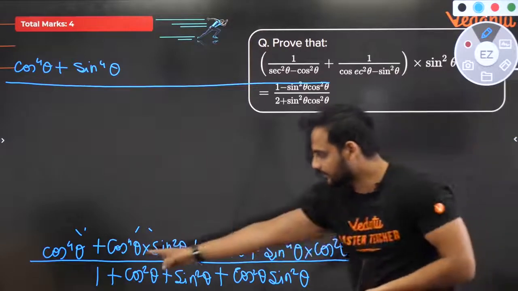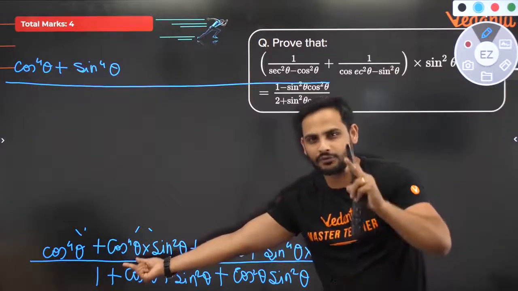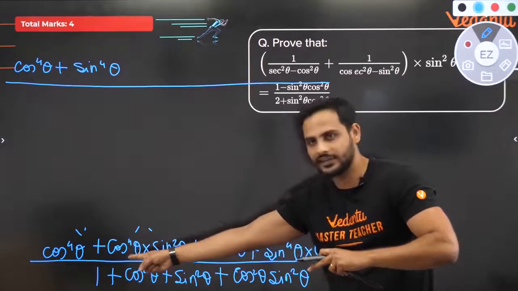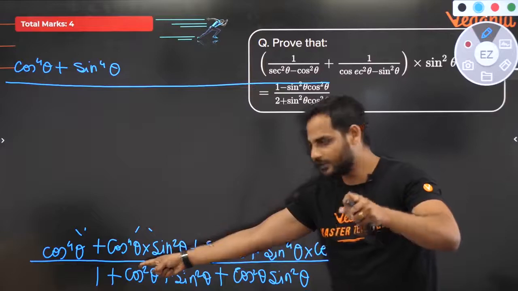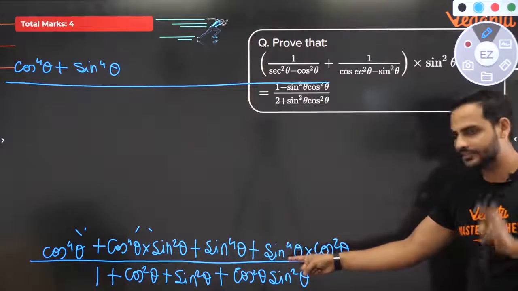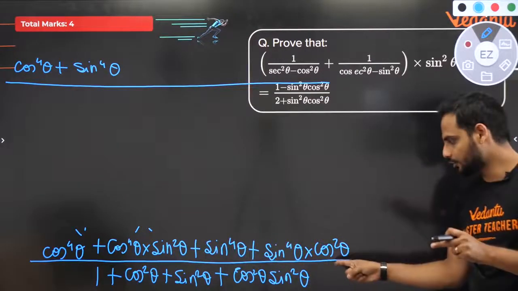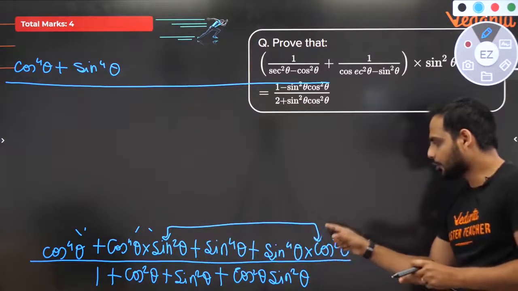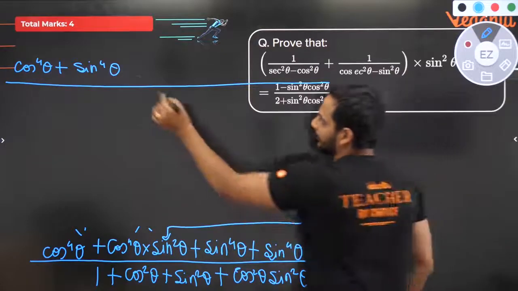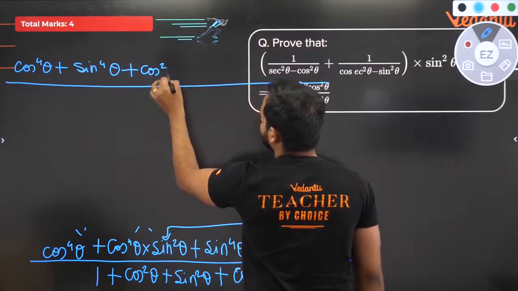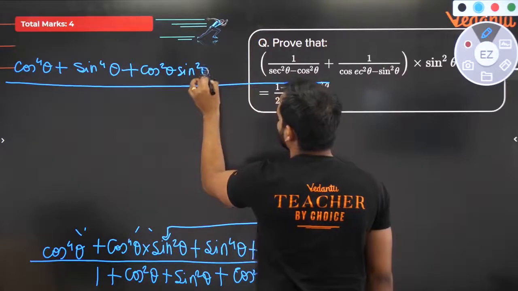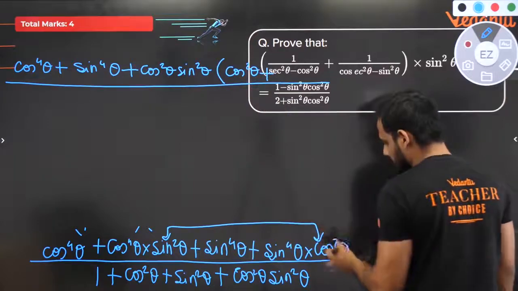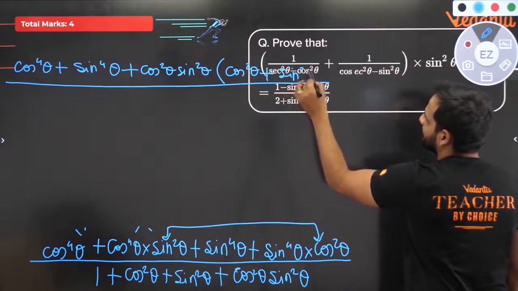So in these two terms, देखो cos raised to the power 4 theta means cos square theta into cos square theta into sin square theta, and understand this as sin square theta into sin square theta into cos square theta. So from these two, if I take cos square theta into sin square theta common, I will be left here with cos square theta, and here I will be left with sin square theta.